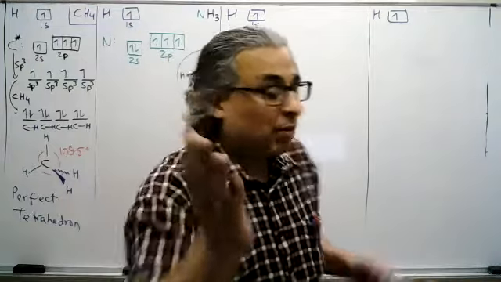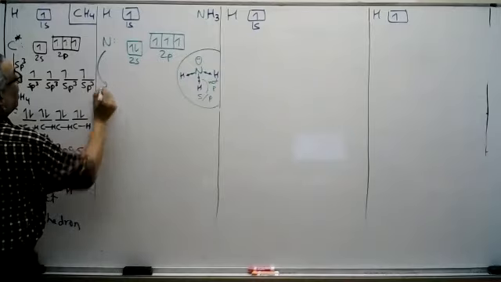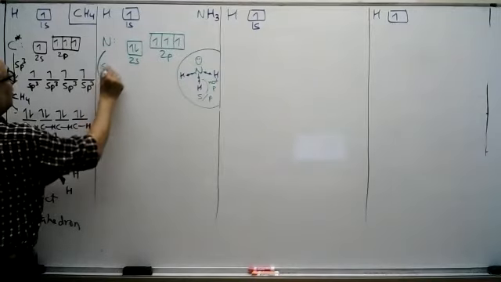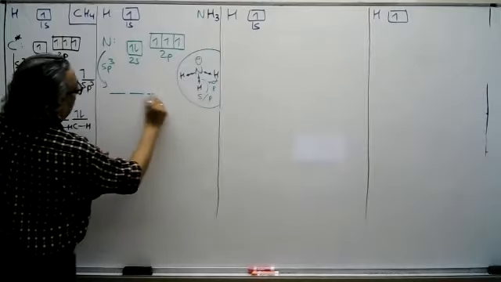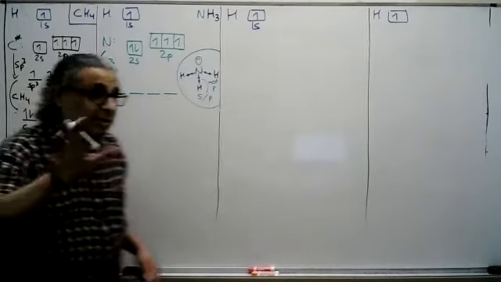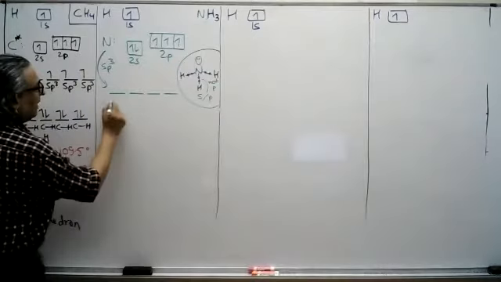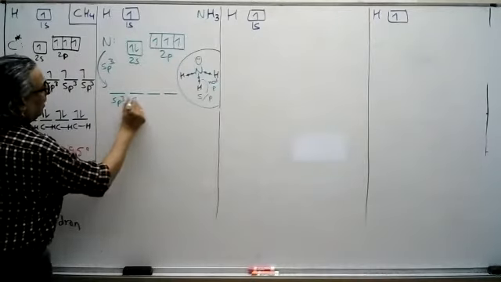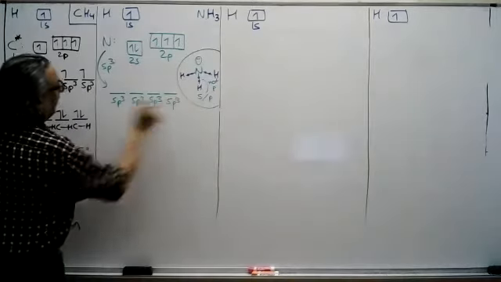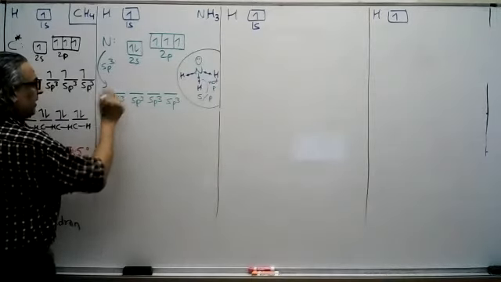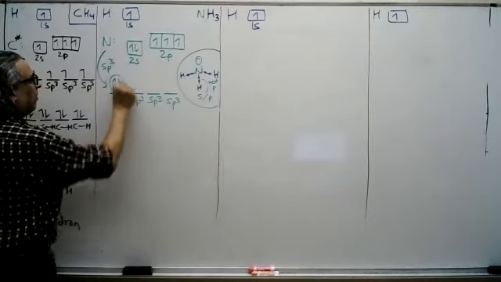So where I'm going is this conclusion. It also undergoes sp3 hybridization, but take it with a pinch of salt. It's going to be almost identical energy, but one of the hybrid orbitals, pretty much at the same energy level, will have a pair.